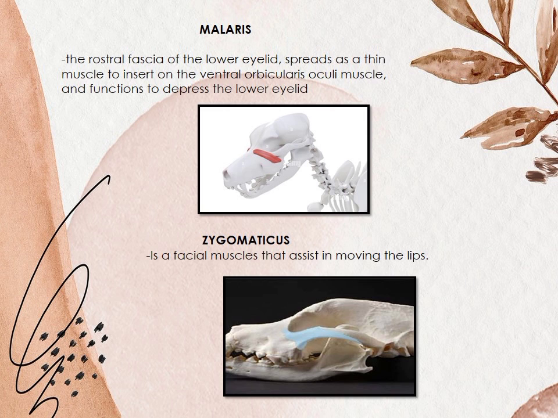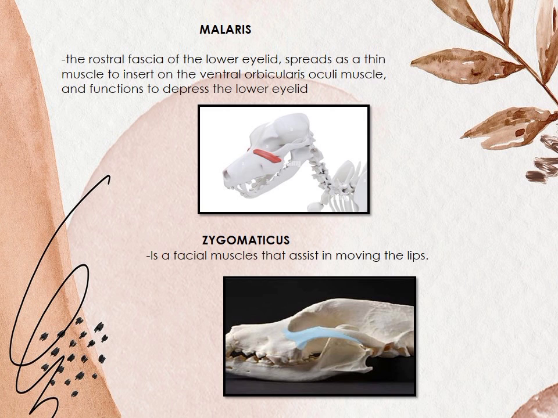to the lower eyelid. Next is the zygomaticus muscle. One of the face muscles that aids in the movement of our lips is the zygomaticus. Animal face expressions are also greatly influenced by this muscle.